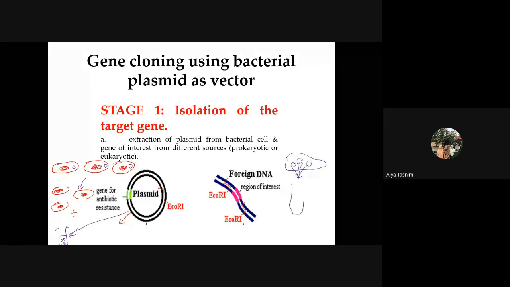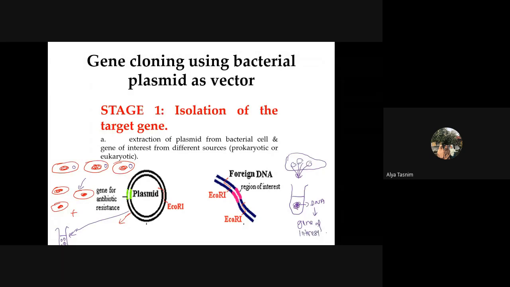Okay, so you extract out and put it in a test tube. So this is the DNA that contains gene of interest. Okay. Boleh nampak? So dalam plasmid ada gene for antibiotic resistance such as ampicillin resistant gene. So asalnya bila bakteria ni dia ada plasmid, dia bolehlah survive dalam ampicillin resistant gene. Okay.